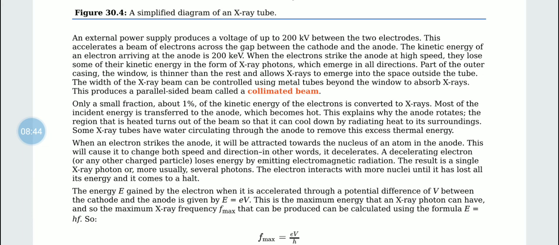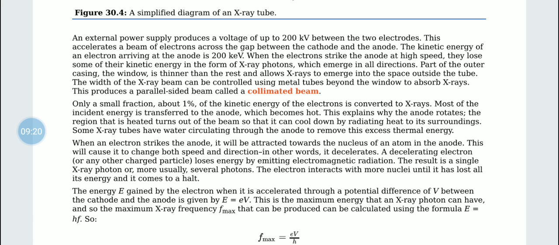Then when an electron comes and bombards an anode, this electron will get attracted towards the nucleus of this anode, the nucleus which is positively charged. This attraction results in the electron changing its speed as well as direction, and it decelerates.